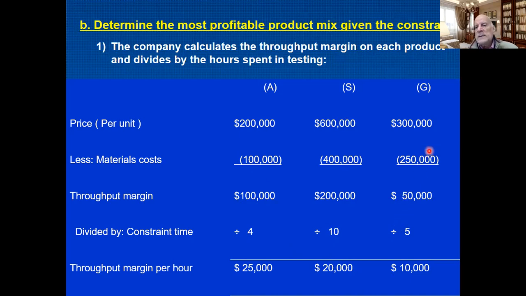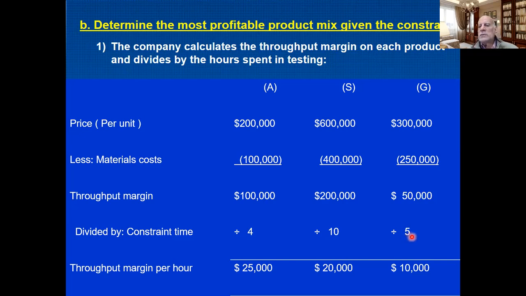The same applies to the third product G. The third product G gives $50,000 as throughput margin, and this amount is achieved through using 5 hours of testing activity.